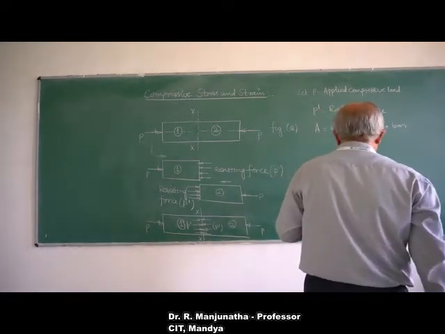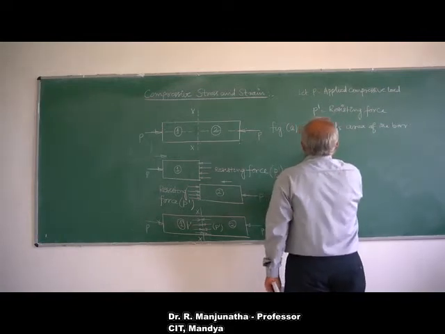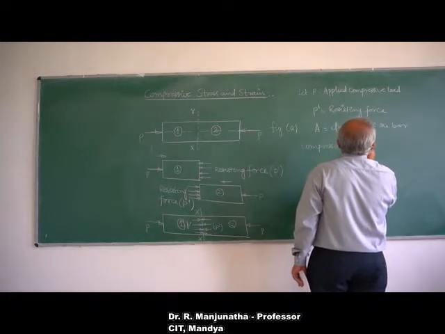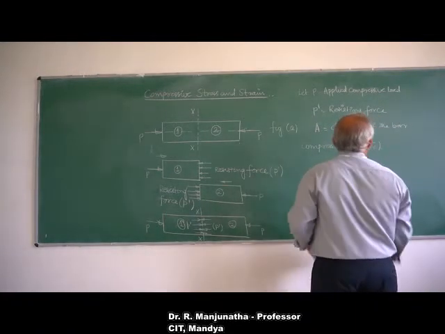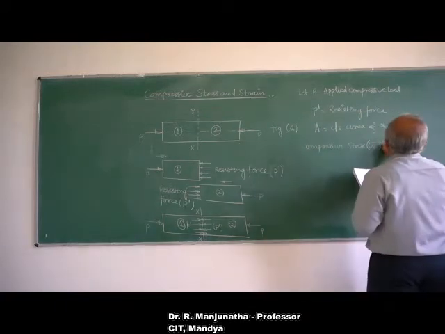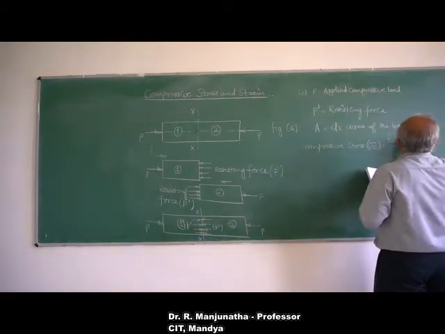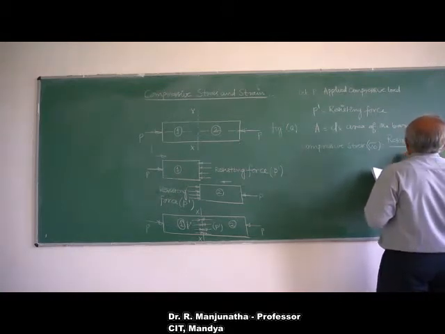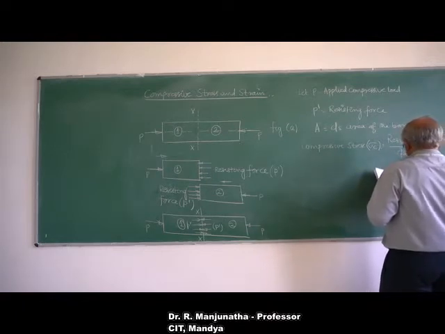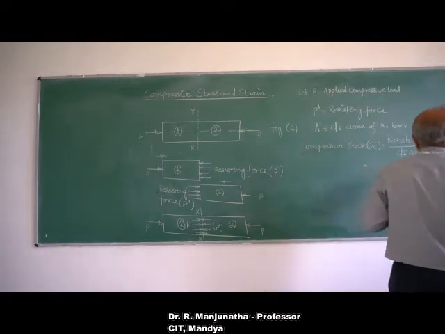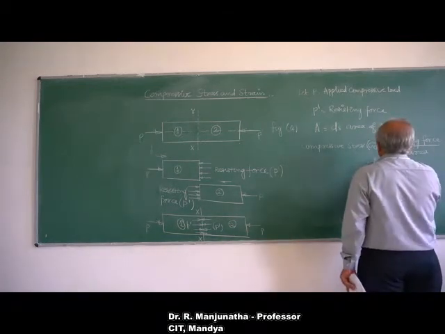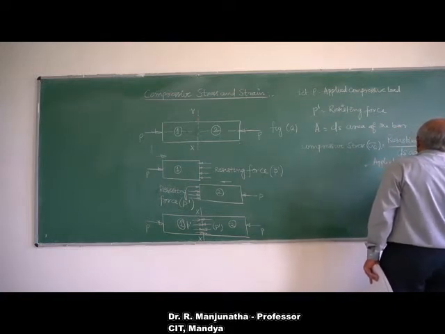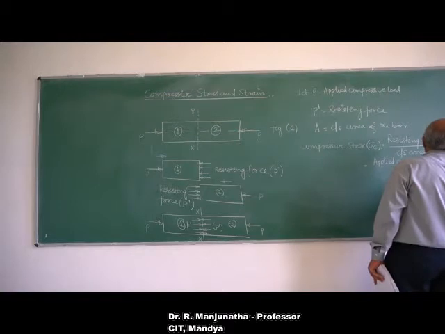Therefore, the compressive stress, that is sigma C, will be equal to the resisting force divided by the cross-sectional area, that is again equal to the applied compressive load divided by the cross-sectional area.